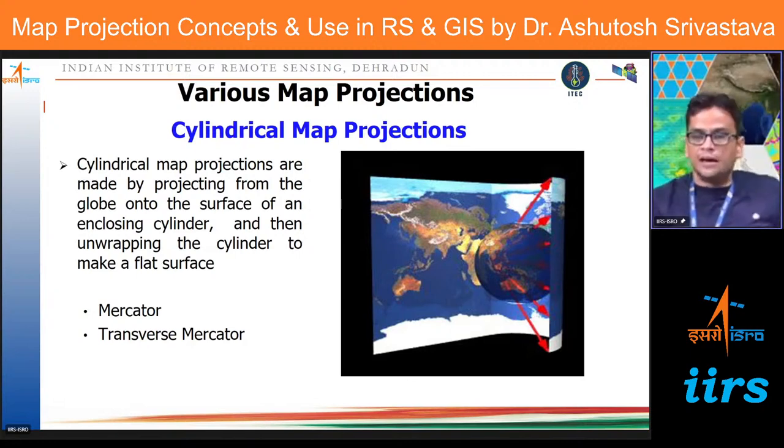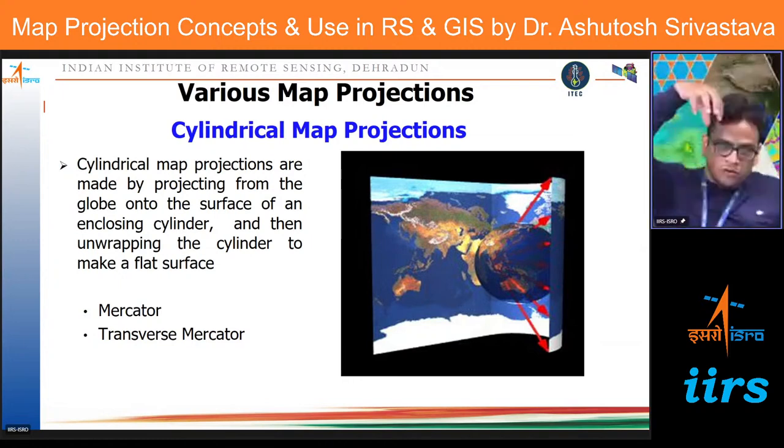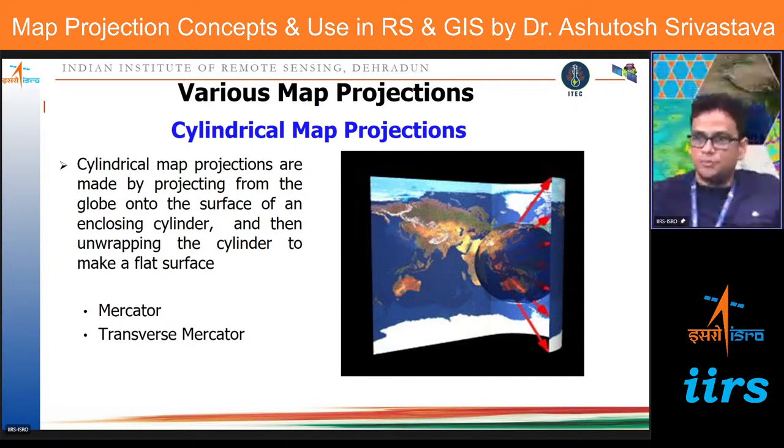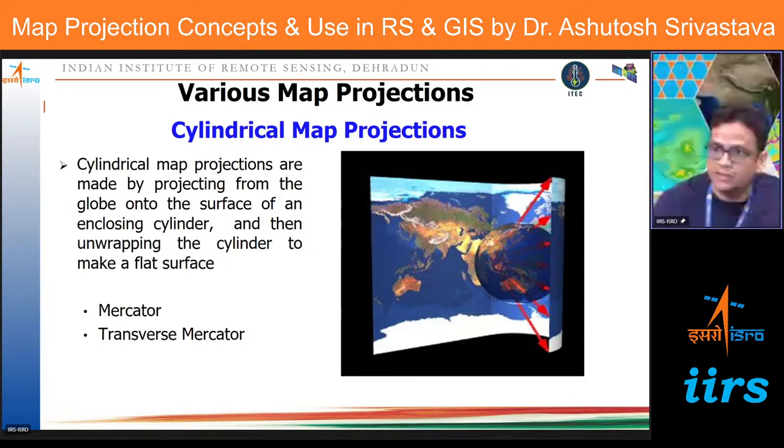Cylindrical, I will take some examples here. Cylindrical map projections: you can see here, we have put one globe inside that cylinder, projected onto the wall of this cylinder, and then unwrapped it. So we end up with a two-dimensional map. In cylindrical, there are a few very well-known projections, Mercator and transverse Mercator.